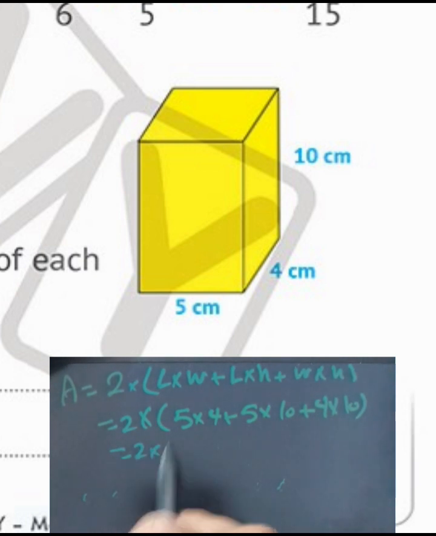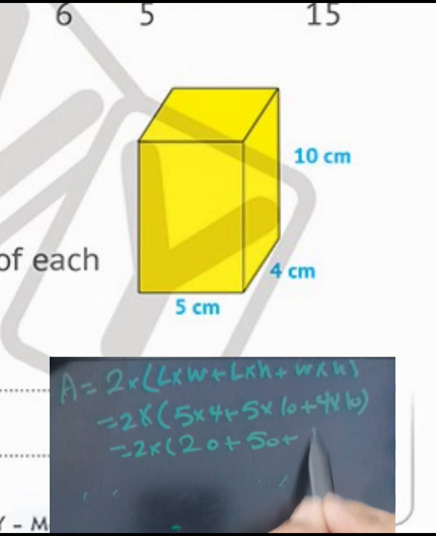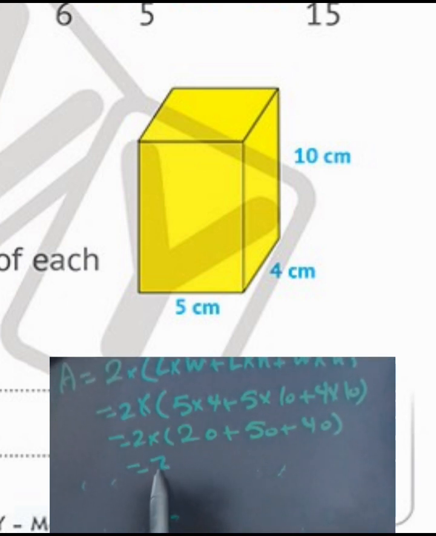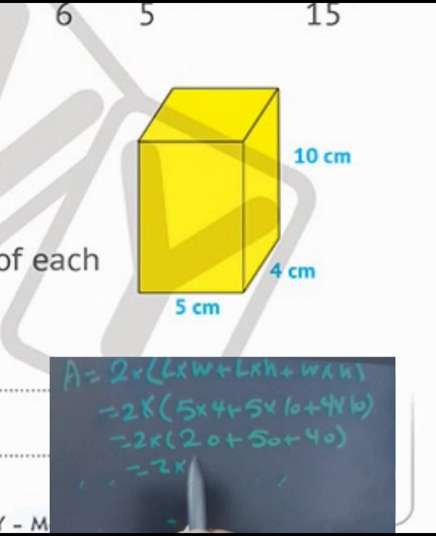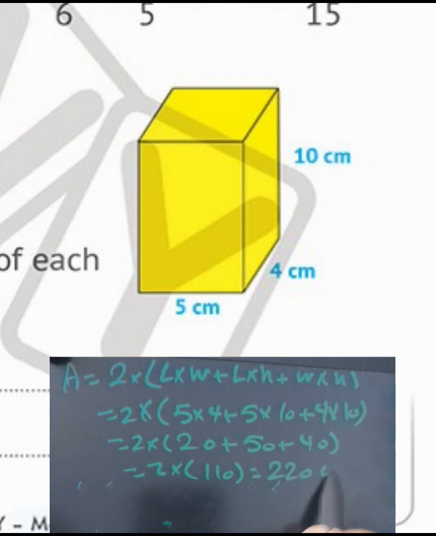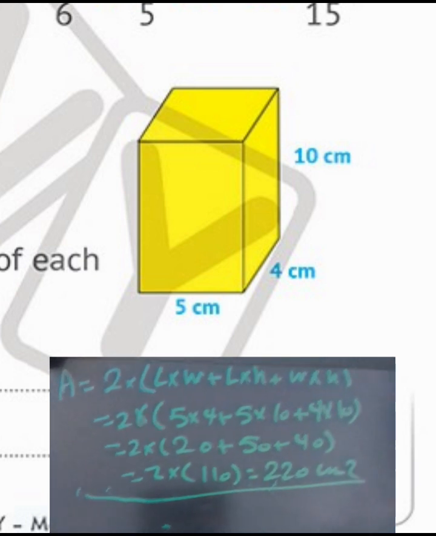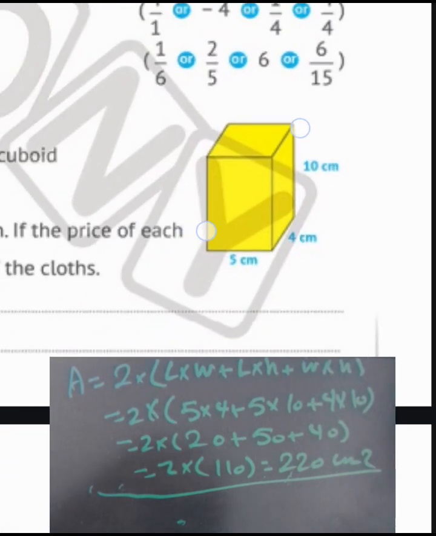Write 2 times: 5 times 4 equals 20, 5 times 10 equals 50, 4 times 10 equals 40. Then the total area, we can write 2 times the sum: 20 plus 50 is 70, 70 plus 40 equals 110. Times 2, it will be 220 square centimeters. Okay, and the result will be 220.